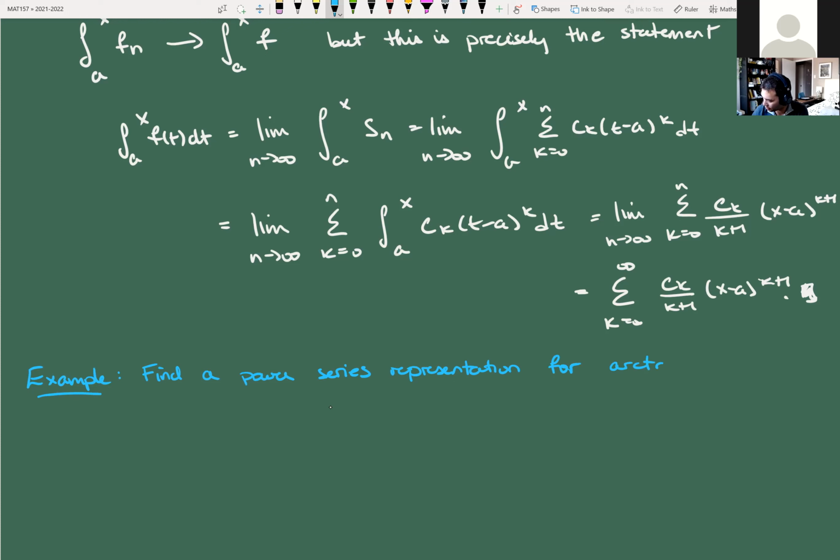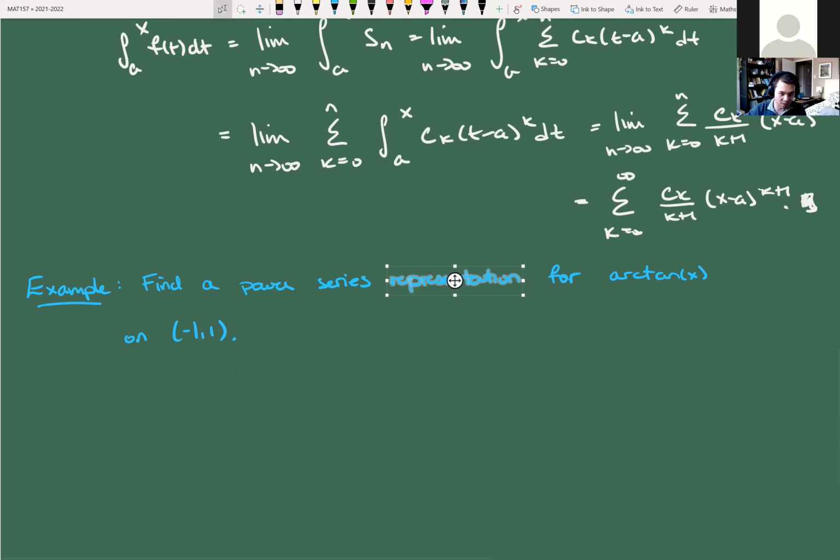Arctan. On some interval, whatever interval we want. For arctan it really does have to be on -1, 1. And that is very suggestive of what sort of thing we're going to do.